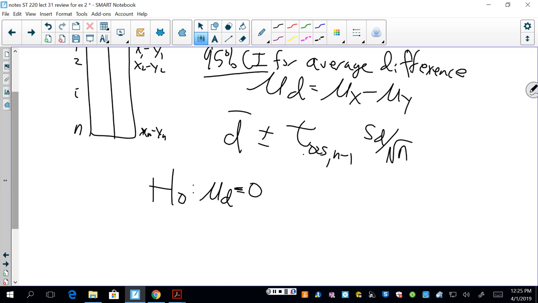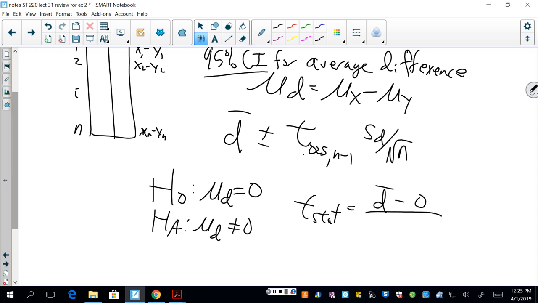No change, versus an alternative that it is not equal to 0. And then our t statistic for testing that is the average difference, technically, minus 0, divided by the standard error. And again, you would reject that if the t statistic value is very extreme.